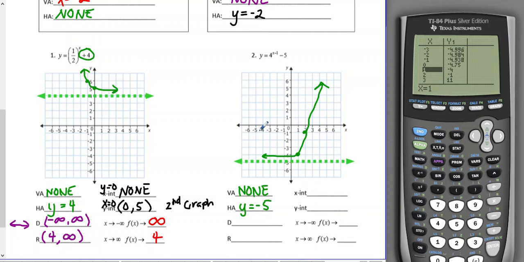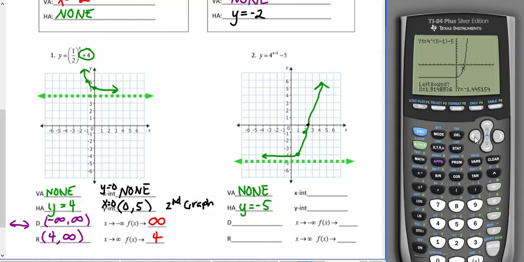So x-intercept. Does this actually cross the x-axis? Yes, it does. Somewhere in here. Remember, to find that, we go to our calculator. So we hit graph, and we go second, trace, option 2. You want to move the spider blinker as close as you can to the x-intercept.